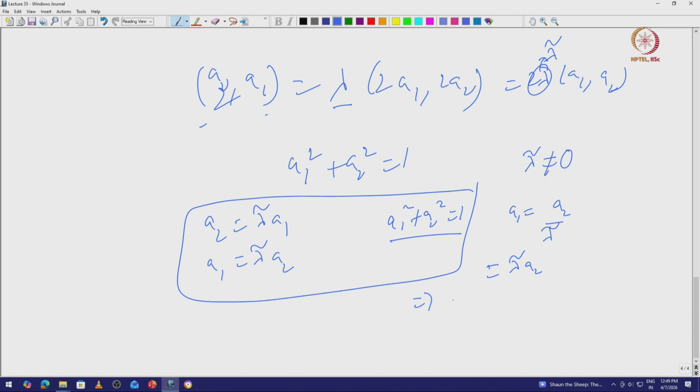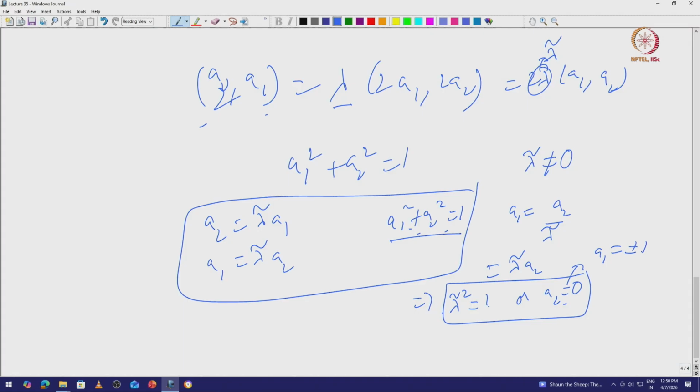So, which means lambda tilde squared equals 1 or a2 equals 0, right. If a2 is 0, then a1 is plus or minus 1, right. Or if lambda tilde squared is 1, then you can substitute that here and so on and so forth, right.